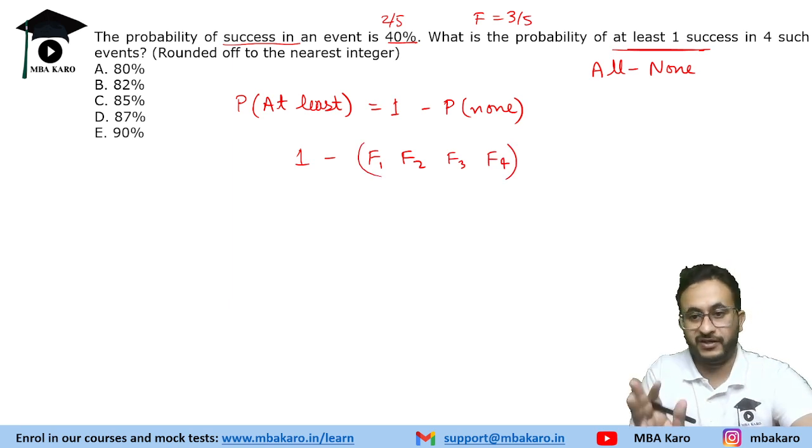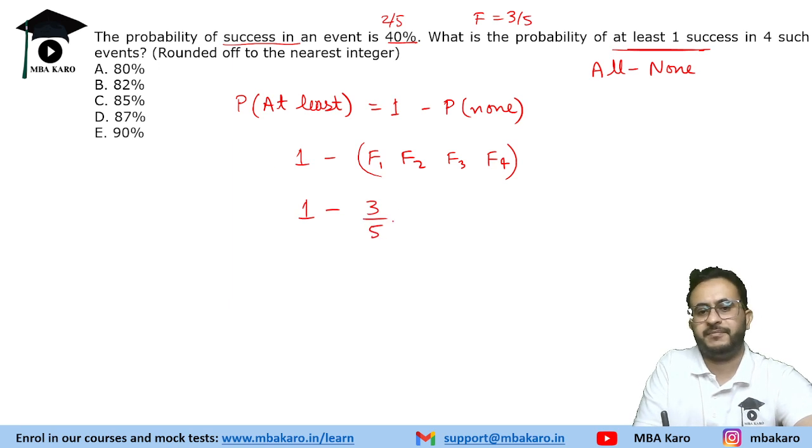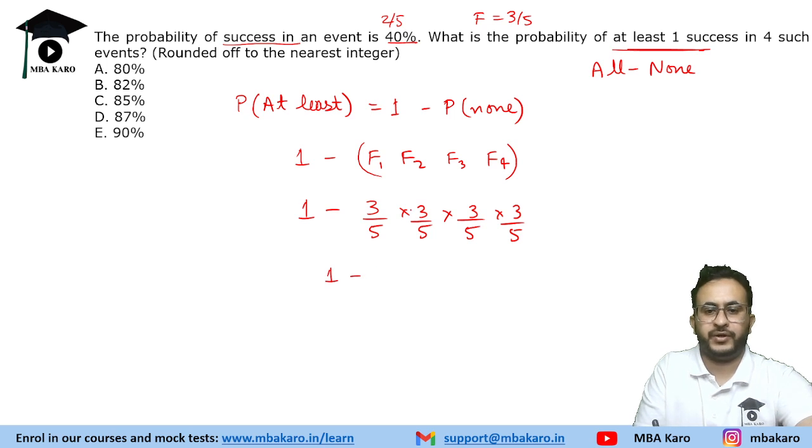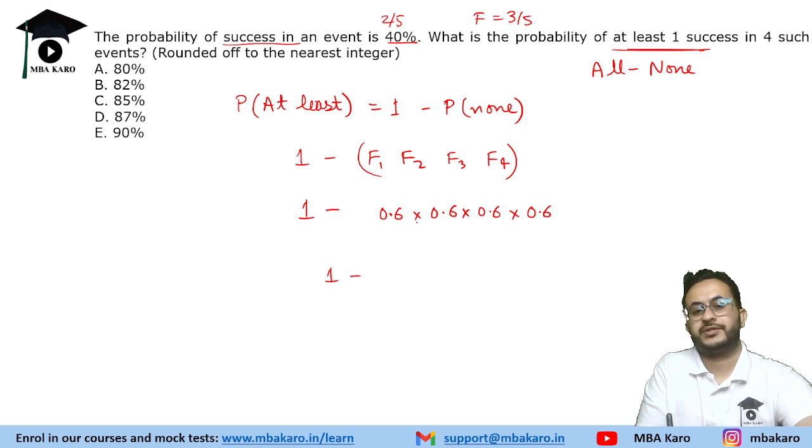You are failing in all 4 attempts. So 1 minus 3 by 5, 3 by 5, 3 by 5 and 3 by 5. Or you can write in decimals also, because that will be easier. 0.6 into 0.6 into 0.6 into 0.6; converting fractions will take time, so use this, right?